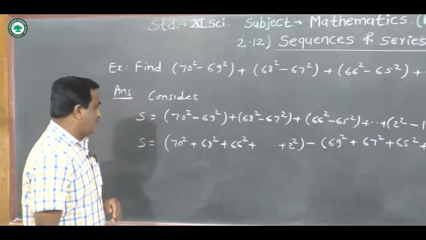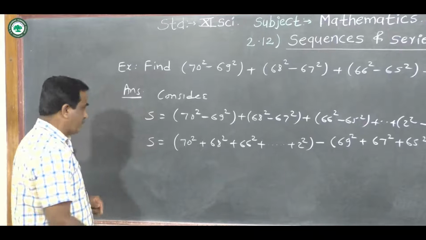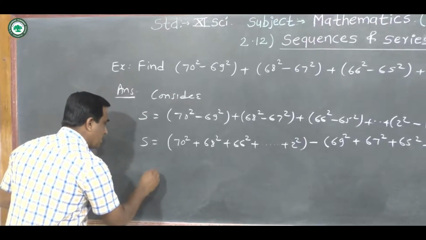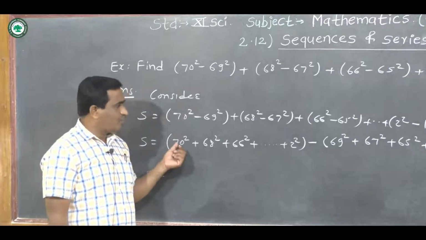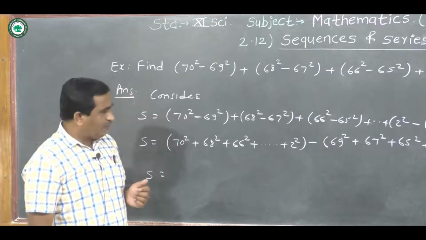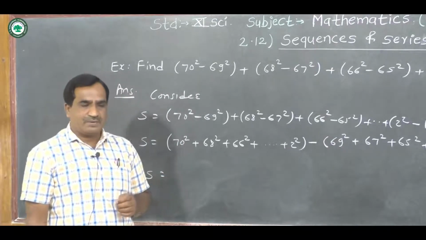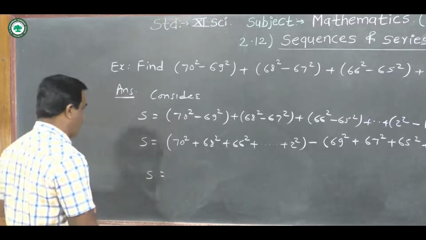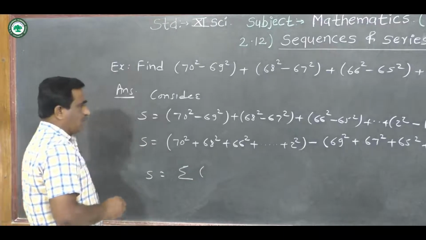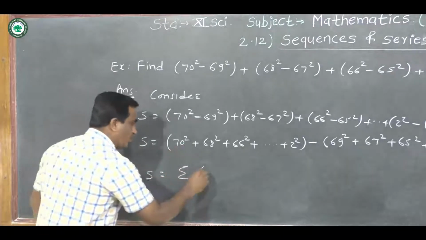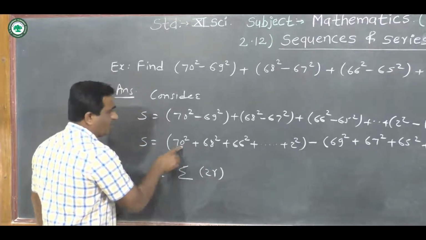Now we can write these in summation form like this. S is equal to, now this is the sum of the squares of the even numbers. We can write this in summation form as summation, where an even number is equal to 2r, and here is the square of each term.